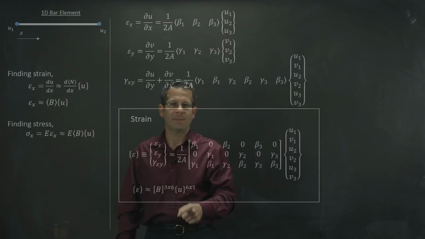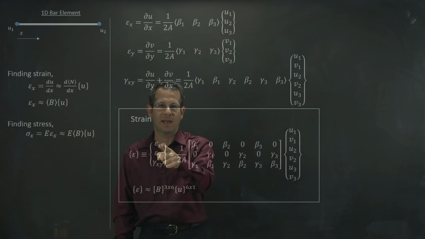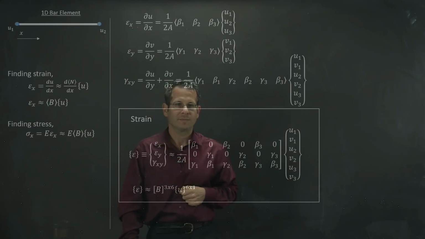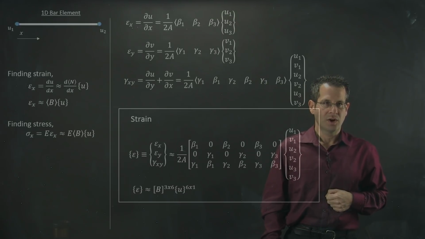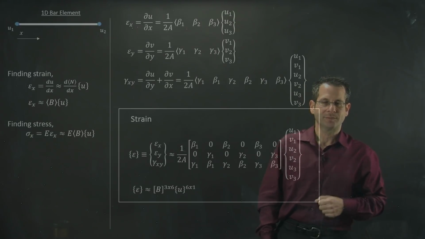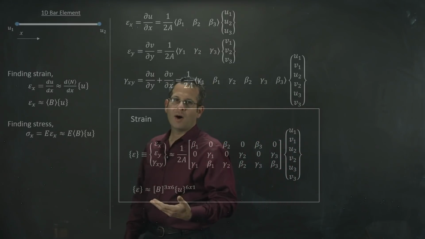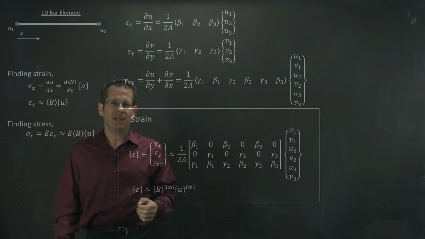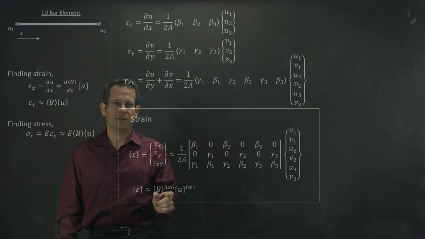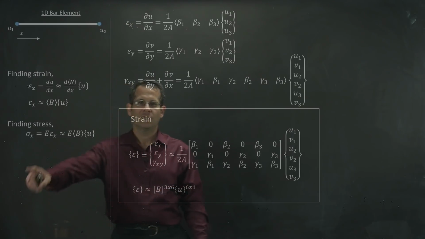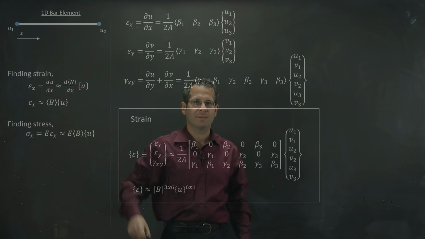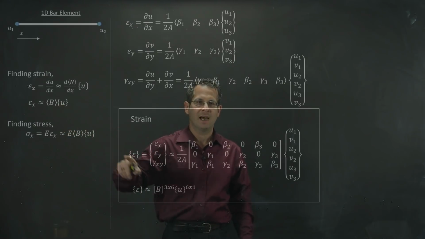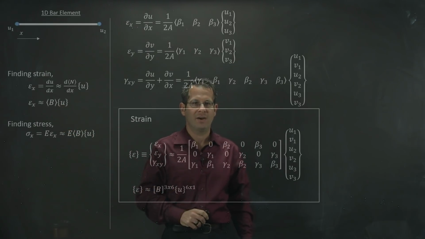That is the dimension I'm expecting because that is my strain vector, which is a three-row vector. So now I have a relationship for strain in terms of a B matrix times my displacement vector, just like I had for strain a B vector times a displacement vector. The only difference now is that instead of a vector, I now have a matrix.